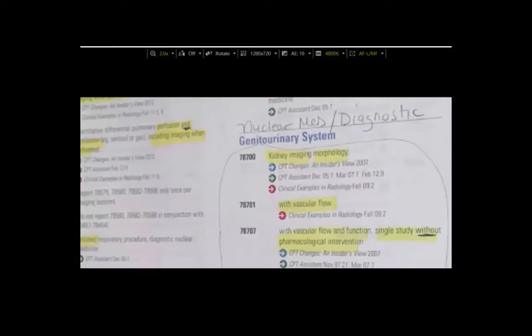You see, I have written at the top of the genitourinary system nuclear med diagnostic, which just came from the previous pages in the CPT book. And we do have the study without pharmacological intervention. The code below it is with pharmacological intervention. How many times in CPT the only difference in two codes are the terms without and with? Very often.